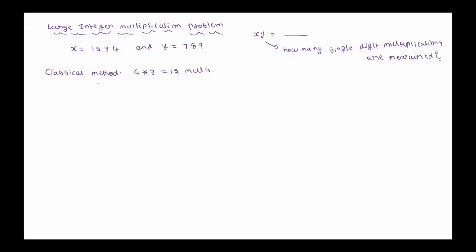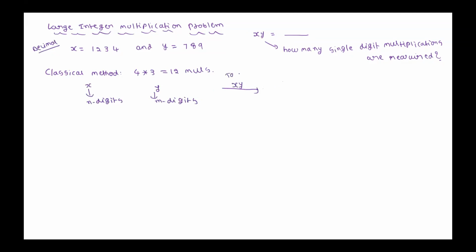In general, if x has n digits, I am considering both x and y in decimal only. X has n digits and y has m digits. In order to find xy, how many single digit multiplications are required?